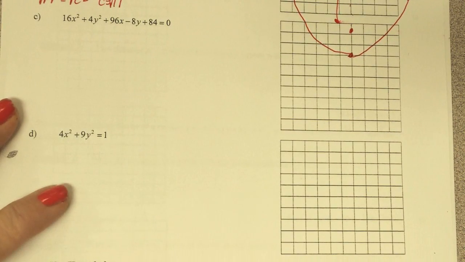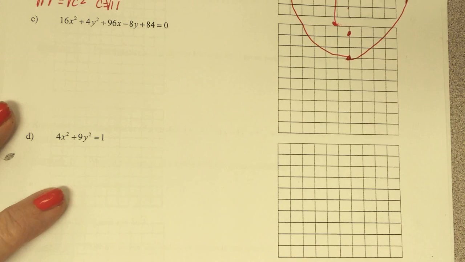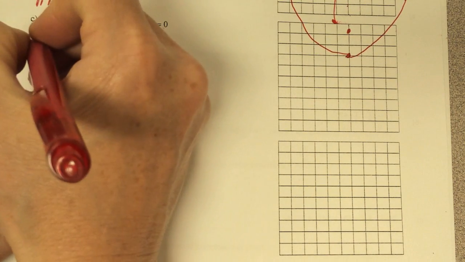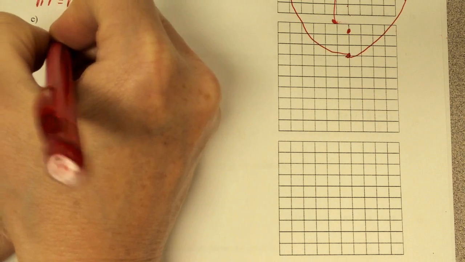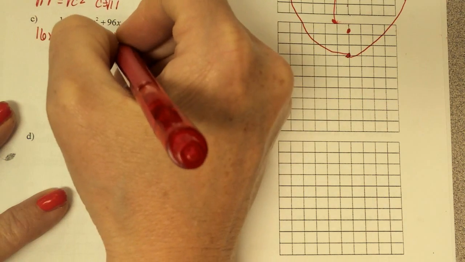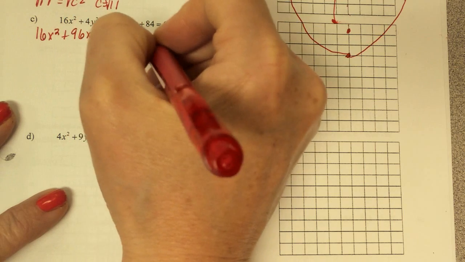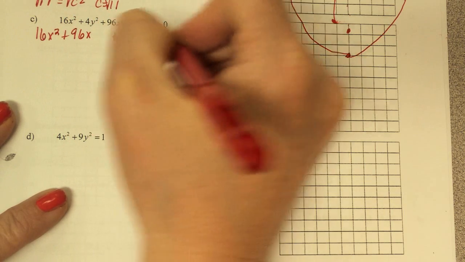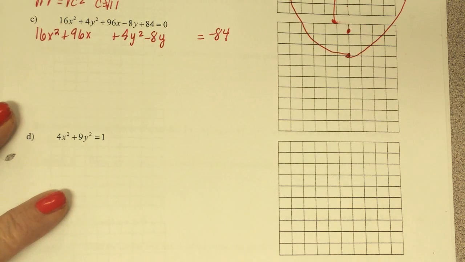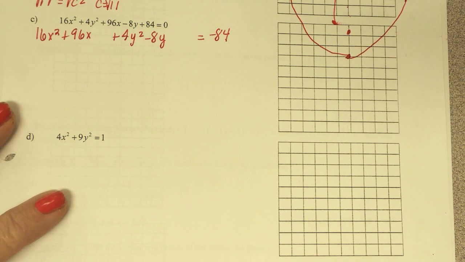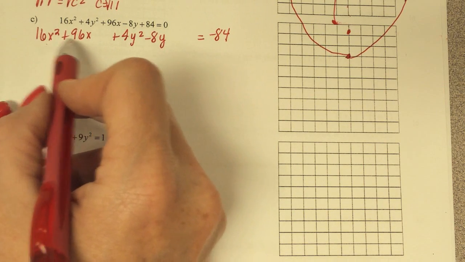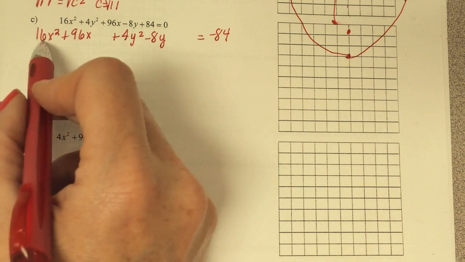All right. On the next one, we have to complete the square, like we did with the circles. Here's what we do. Everything that has an x, we have to get it together. Anything that has a y has to be put together. The constant we always take over to the other side. Now before you can complete the square, you have to factor out a 16 out of these two.